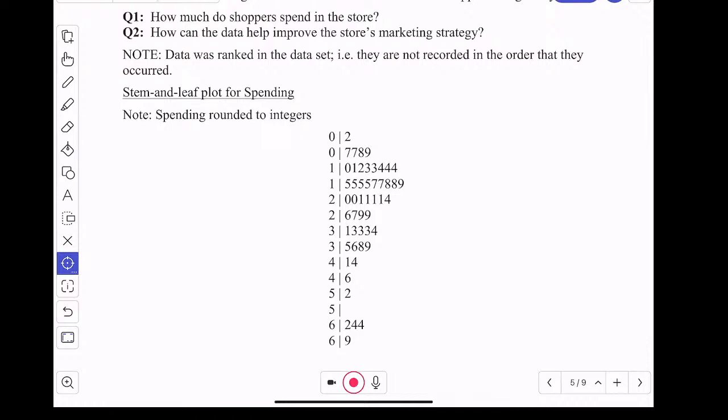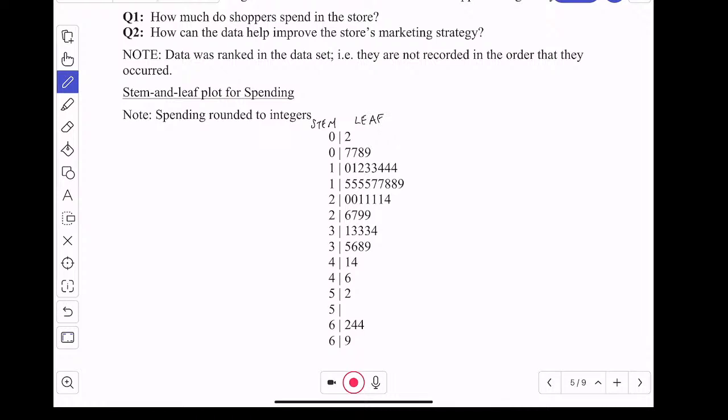The second question we want to answer is, how can the data help improve the store's marketing strategy? So when we look at this data, are you okay with what I've put here? So the data here has been put with a stem and a leaf.